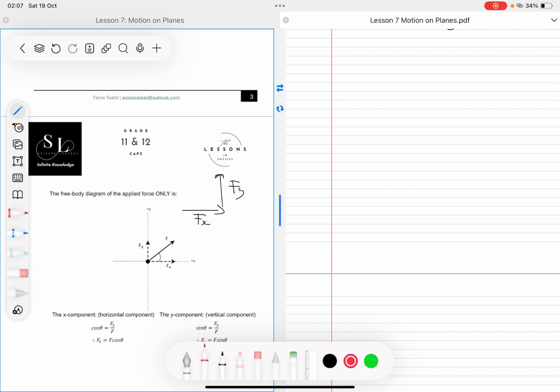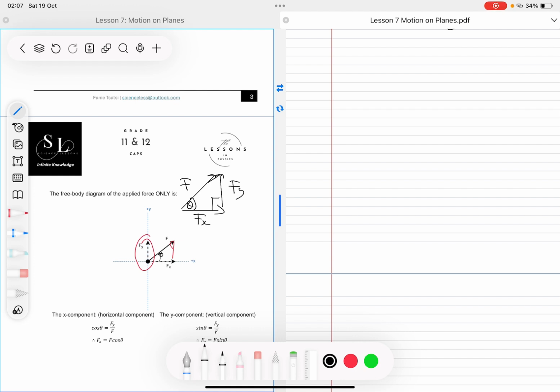So that's what I've done. I've moved it to this side so that it's sitting like that. This force will remain here. The force F will be here. This is the force F. Now this is 90 degrees and this is the angle theta, because we said here it's theta.